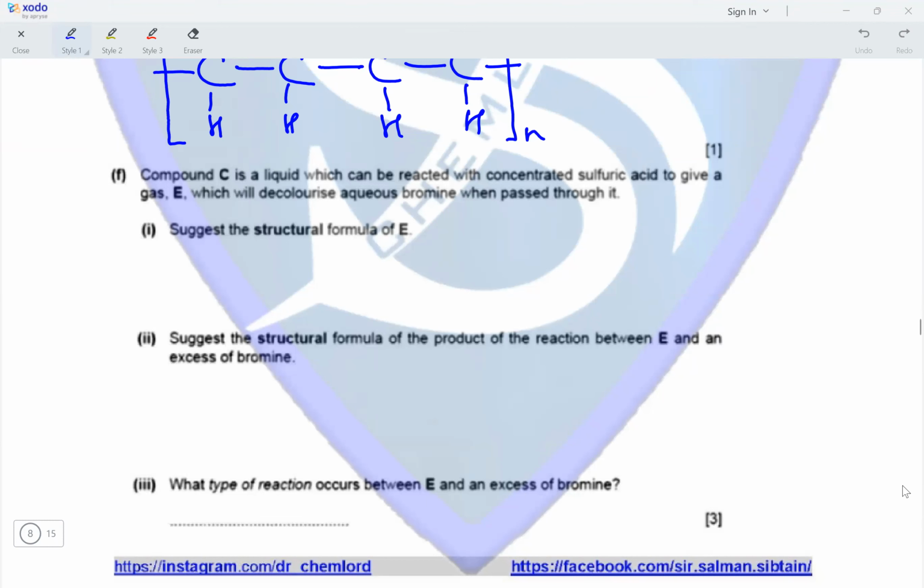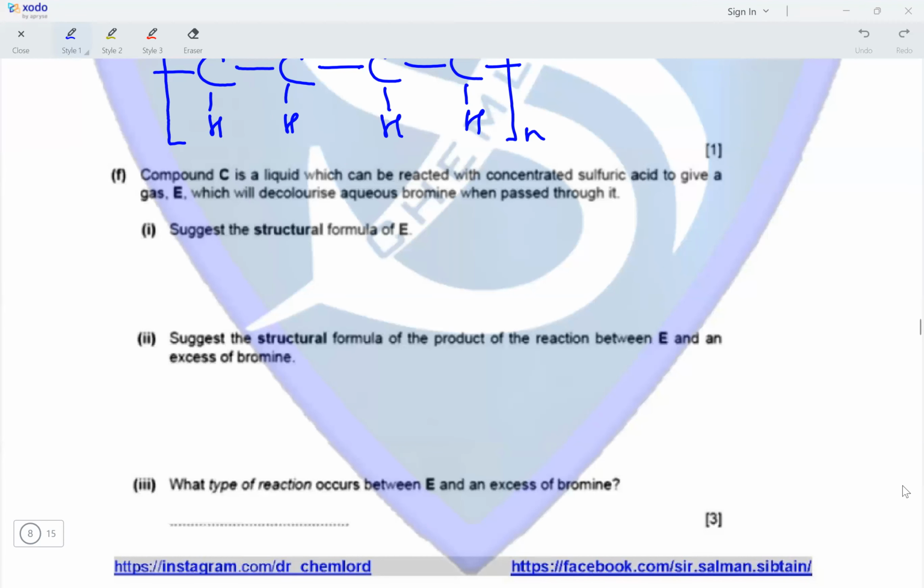Compound C is a liquid which can be reacted with concentrated sulfuric acid to give gas E, which will decolorize aqueous bromine when passed through it. Suggest the structural formula of E. So compound C is a diol, and it says that compound C is a liquid which will react with concentrated sulfuric acid.